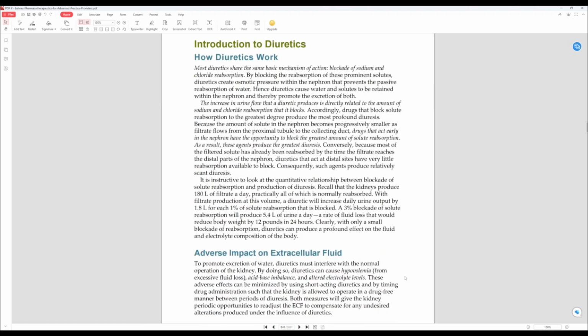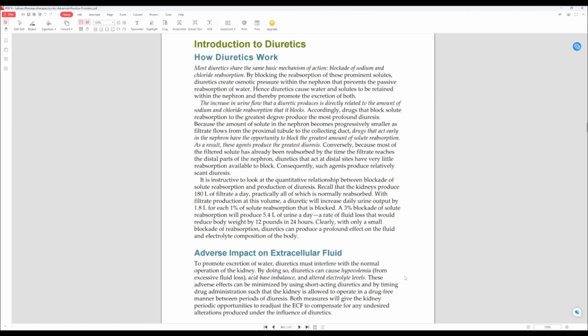How do diuretics work? Most diuretics share the same basic mechanism of action, the blockade of sodium and chloride reabsorption. By blocking the reabsorption of these prominent solutes, diuretics create osmotic pressure within the nephron that prevents the passive reabsorption of water.